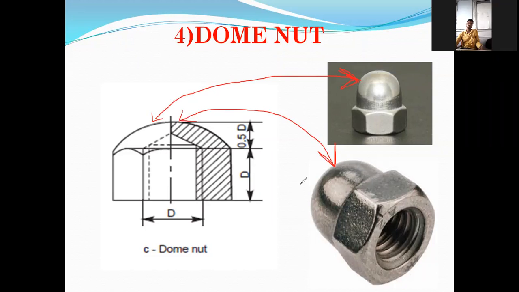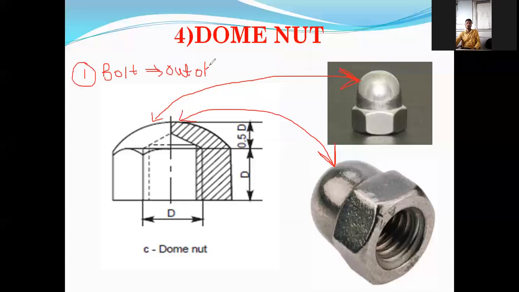So what is the reason to provide this dome shape? Once we fit a bolt into this nut, two purposes or applications are there. The bolt should not come out of the nut. That is the first reason.